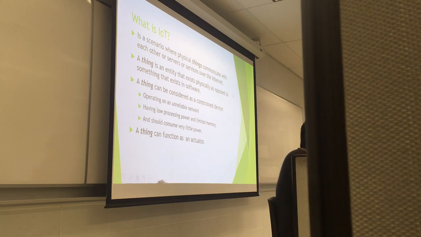With that said, what is the IoT, okay? This means Internet of Things, and as per the description here, is a scenario where physical things communicate with each other or services over the internet.